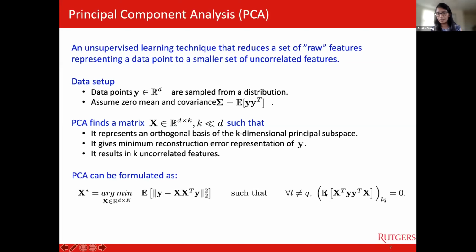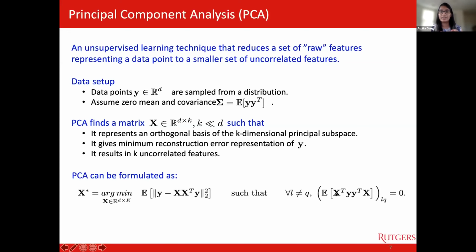If the off diagonal elements of this matrix are zero, that means the resultant features are uncorrelated. Here, if y is a data point and x is the orthogonal basis of the smaller dimensional space that we are trying to find, and x transpose y has an autocorrelation matrix with zero off diagonal entries, then the resultant features are uncorrelated. The x that satisfies this constraint is given by the eigenvectors of the data covariance matrix sigma.